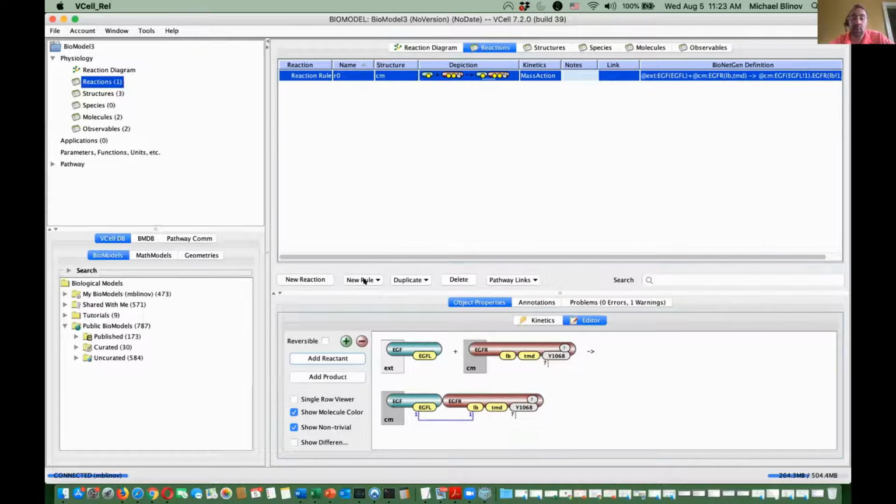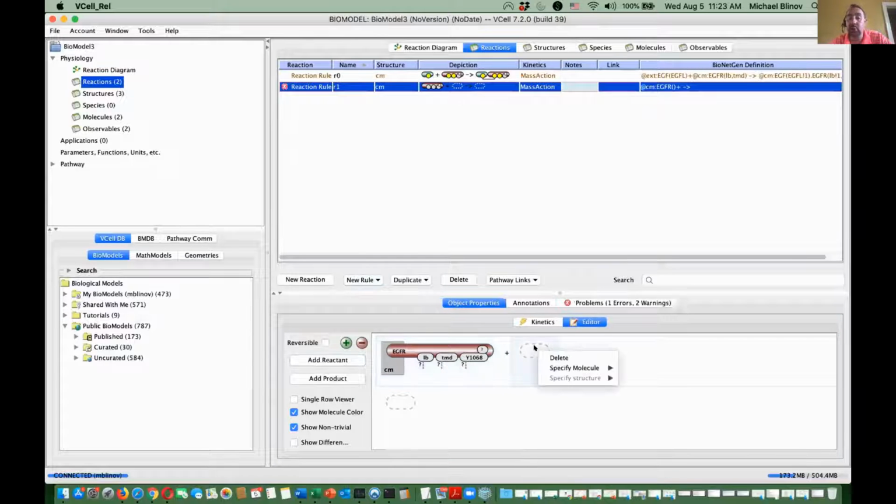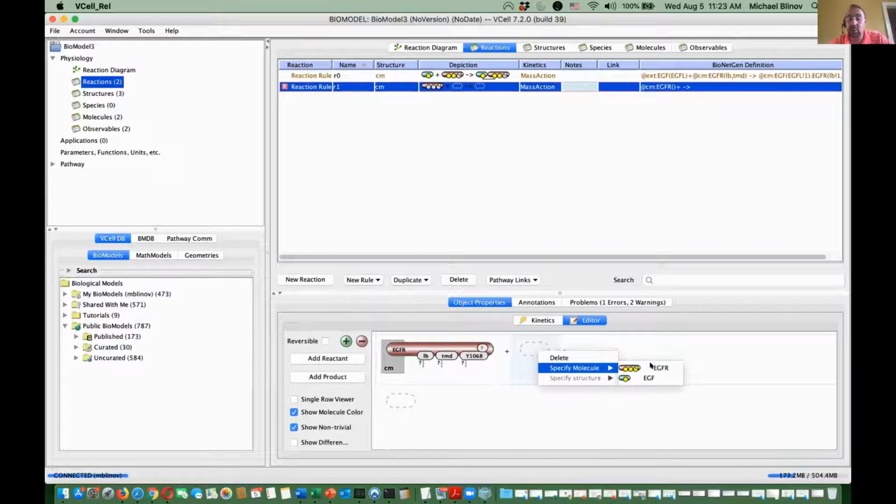And let's go next. Let's say that now we have another rule on a membrane, and this would be dimerization. Dimerization means that we have two separate receptors. This plus means that those receptors are actually in two different molecular complexes.